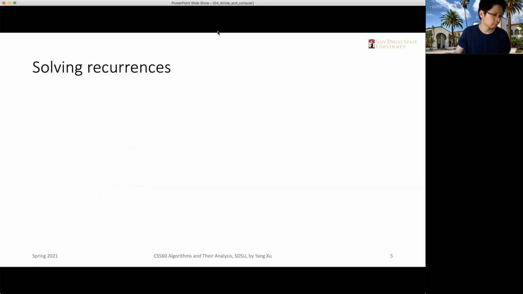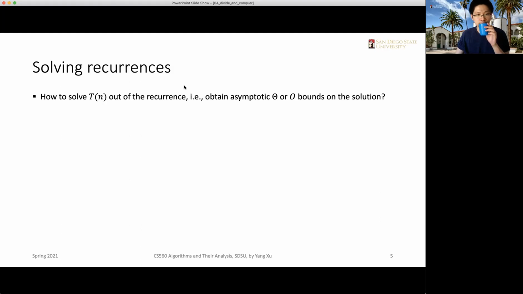The purpose of writing recurrence equations is that we want to solve them, in order to get some analytical solution. For example, we hope to use asymptotic notations to describe the running time.